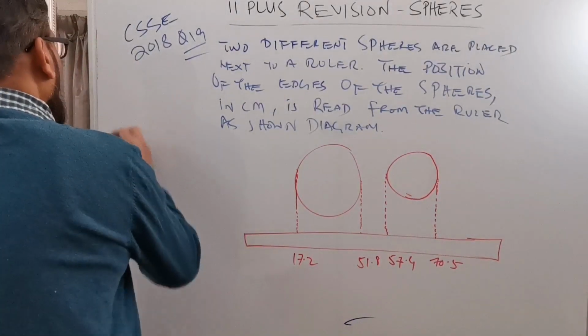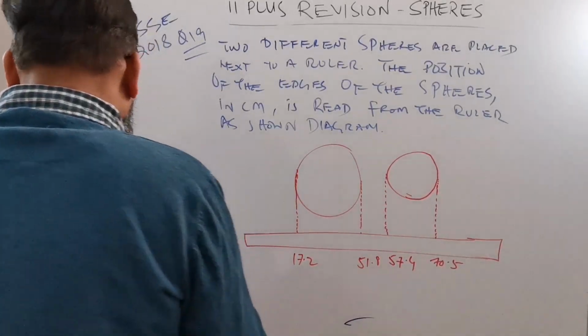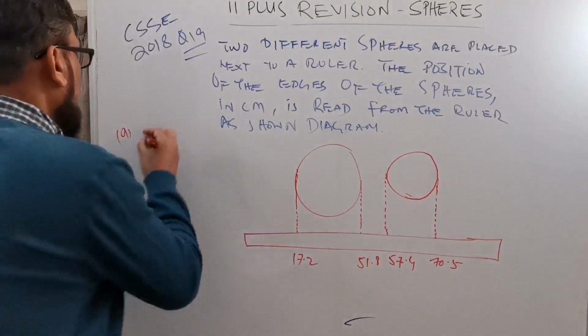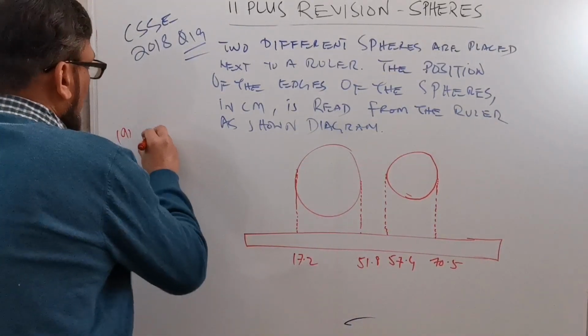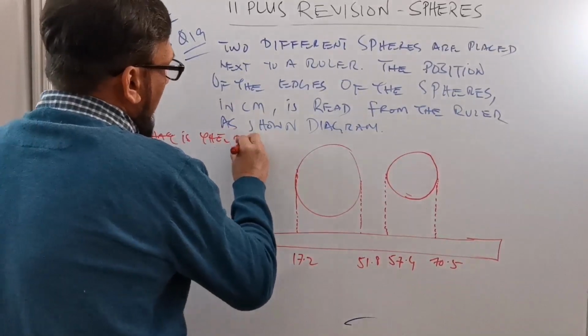Part A: what is the diameter of the smaller sphere?